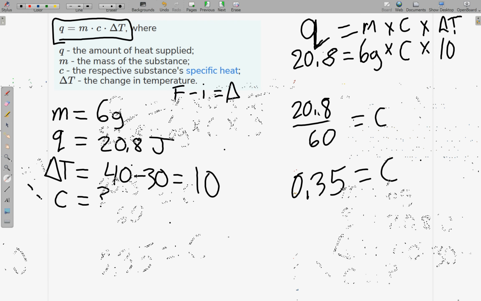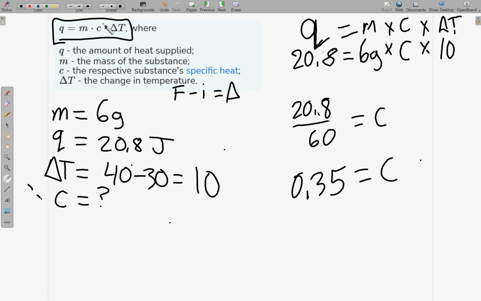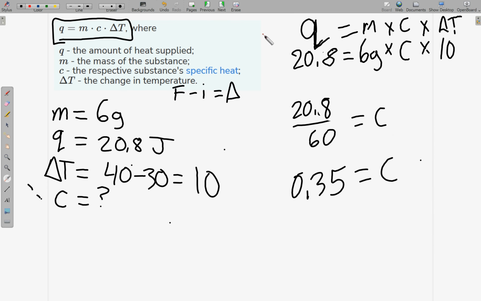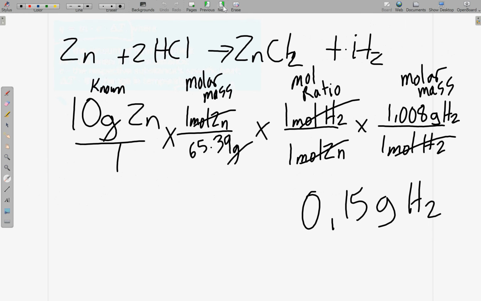Okay, so the equation is there, but once you have the equation, you just plug in the numbers and solve for whatever's missing. Okay, you've been doing that since what, 8th grade, 7th grade? This kind of thing we've been doing. You've done CK12s on this. You've done worksheets with this.